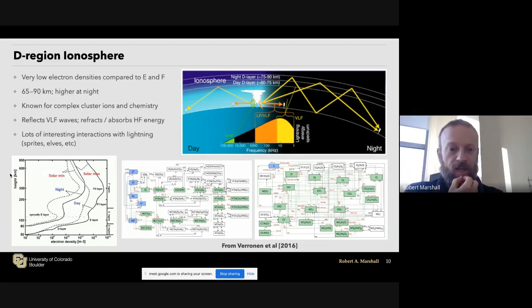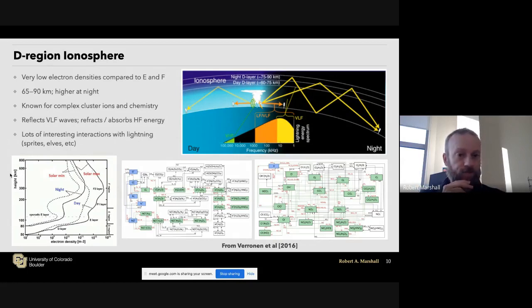The ones highlighted in blue are the main constituents that we are concerned with. There are even more reduced D region chemistry models which only use those blue molecules. And then in the green and white, they're adding in a lot more complicated chemistry. And so it highlights some of the complexity of understanding and modeling the D region and how it responds to energy inputs.